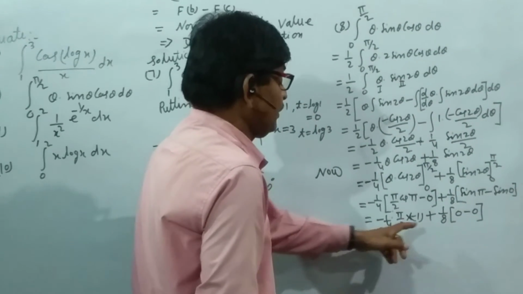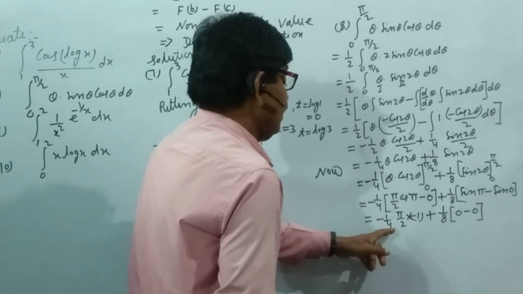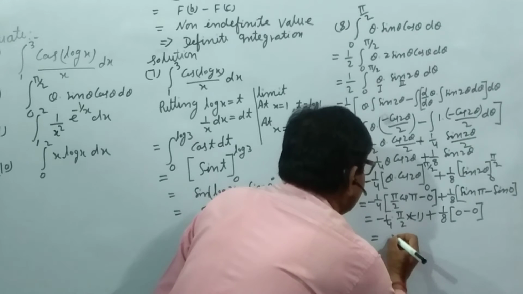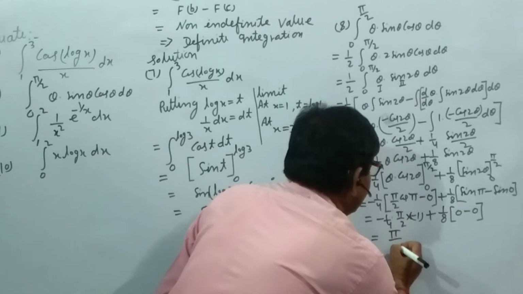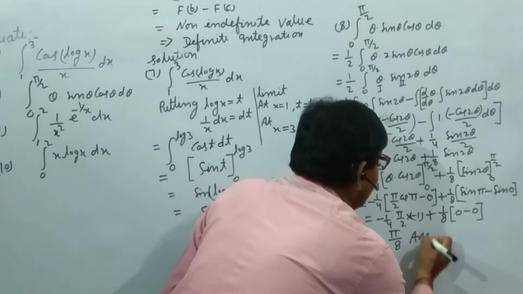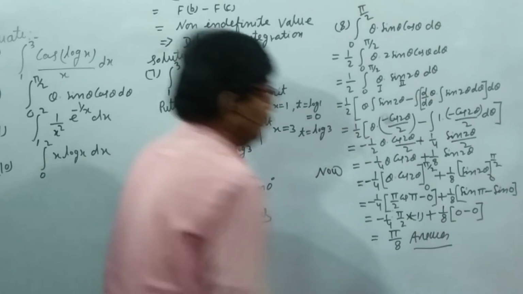So the result is pi by 8. This is our answer here.